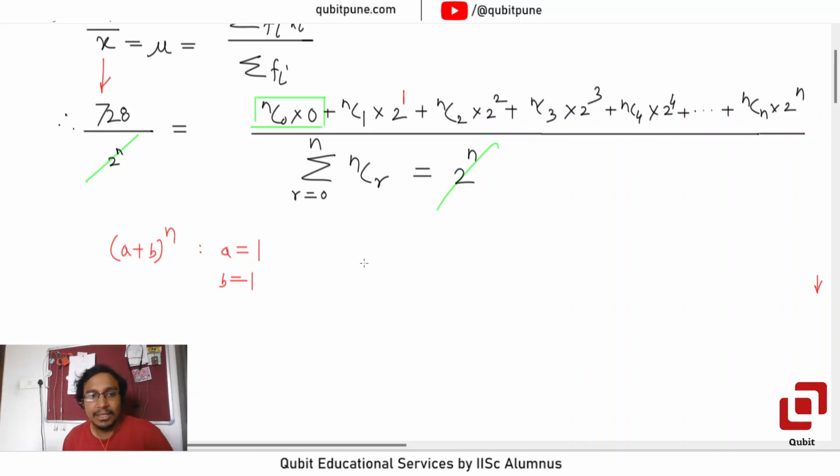Now that shouldn't bother us too much. Consider the expansion of (1 plus x) raised to n. What would it be?